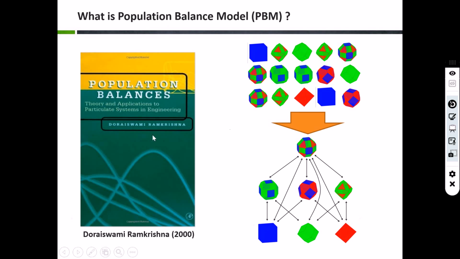And this book specifically introduces the background and the fundamental idea of the population-based model. But it doesn't mean that this is an easy book.